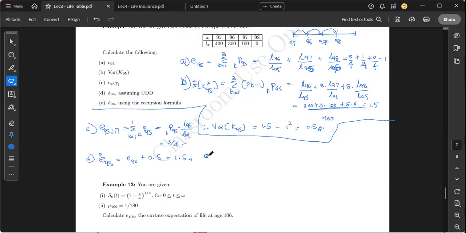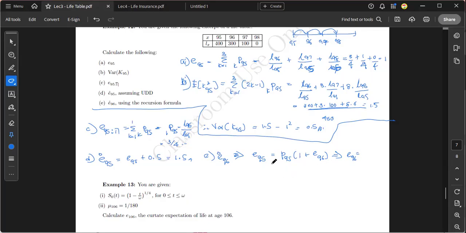And finally, we need to get the 96 future lifetime expectation. And to find this, I can use e95, which is p 95 to 96 plus e96. So from this, I can find e96 first.